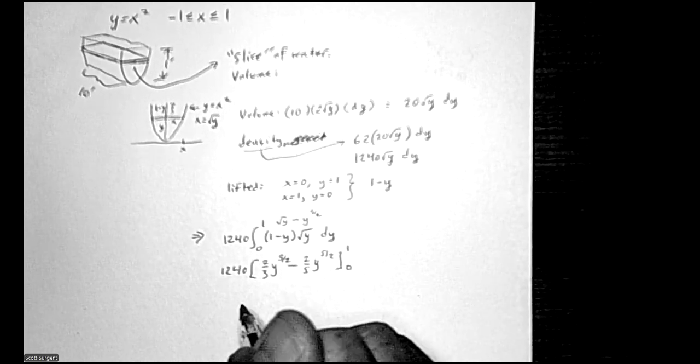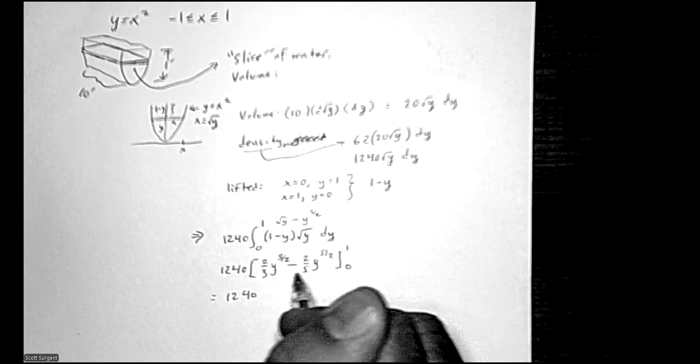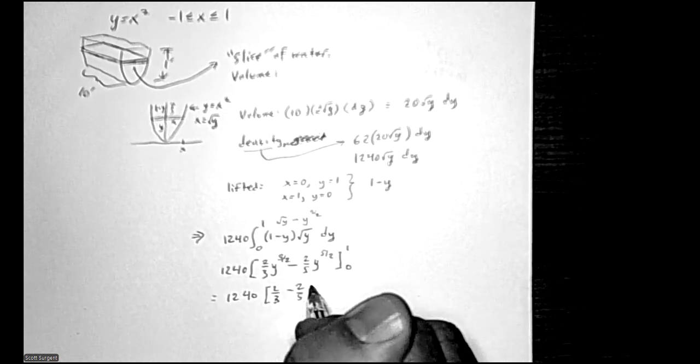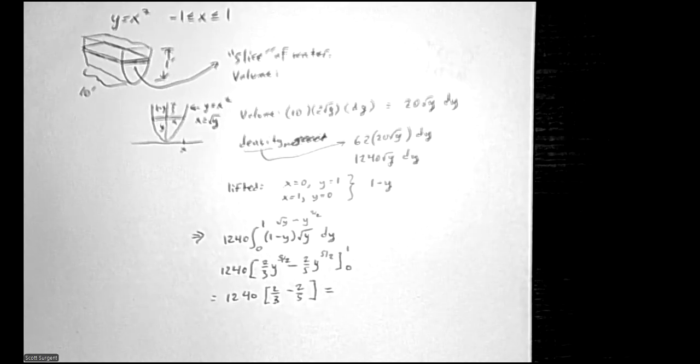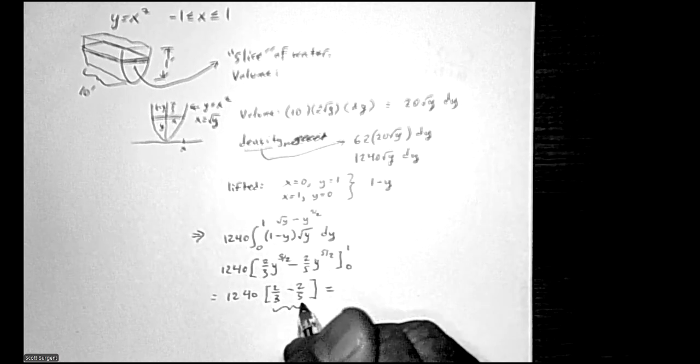Because your bounds are 1 and 0, the arithmetic is pretty simple. You'll just get 2/3 minus 2/5, and the zeros drop out. The fraction is actually 4/15.